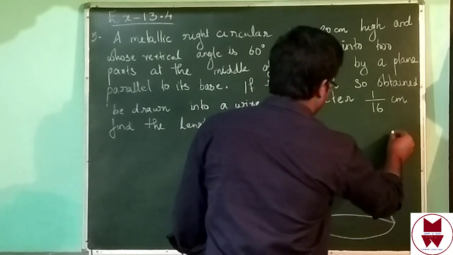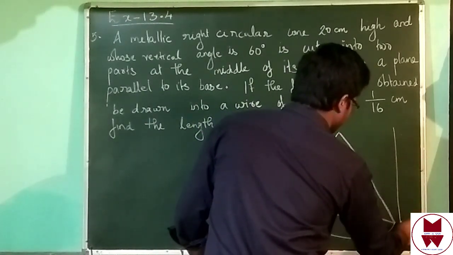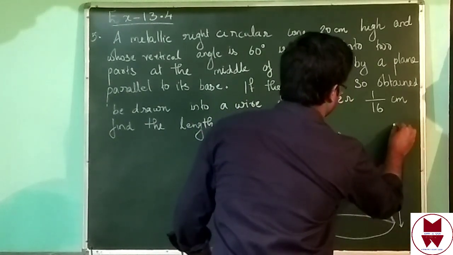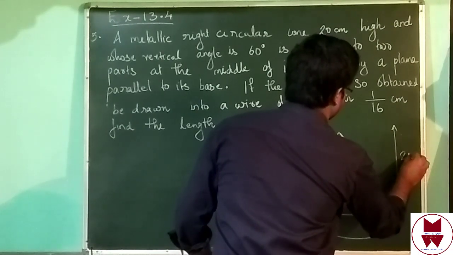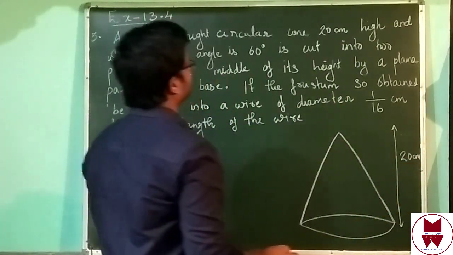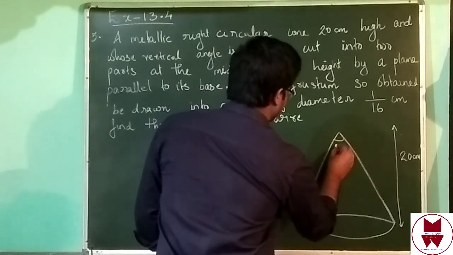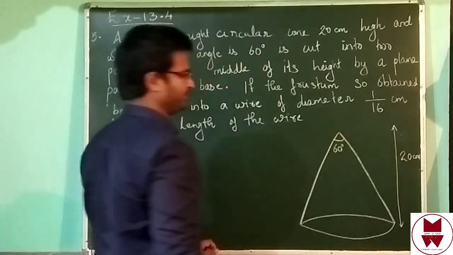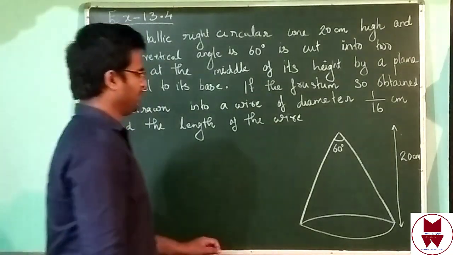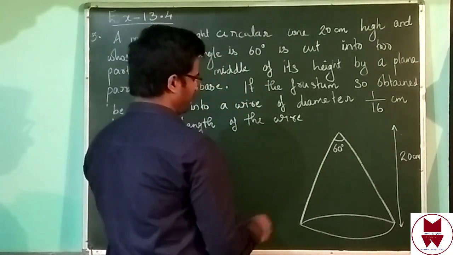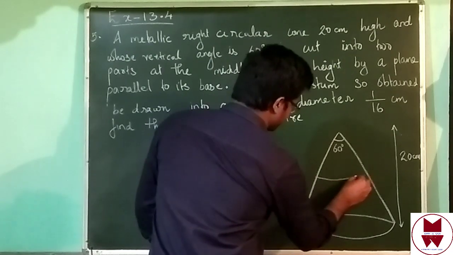Its total height is 20 centimeter. The vertical angle is already given, that is 60 degree. We are going to cut this cone exactly in the middle.